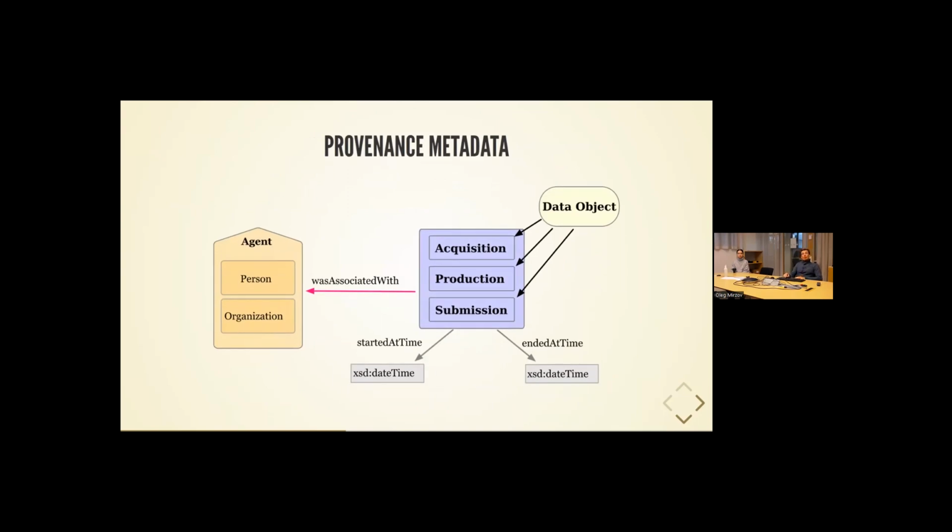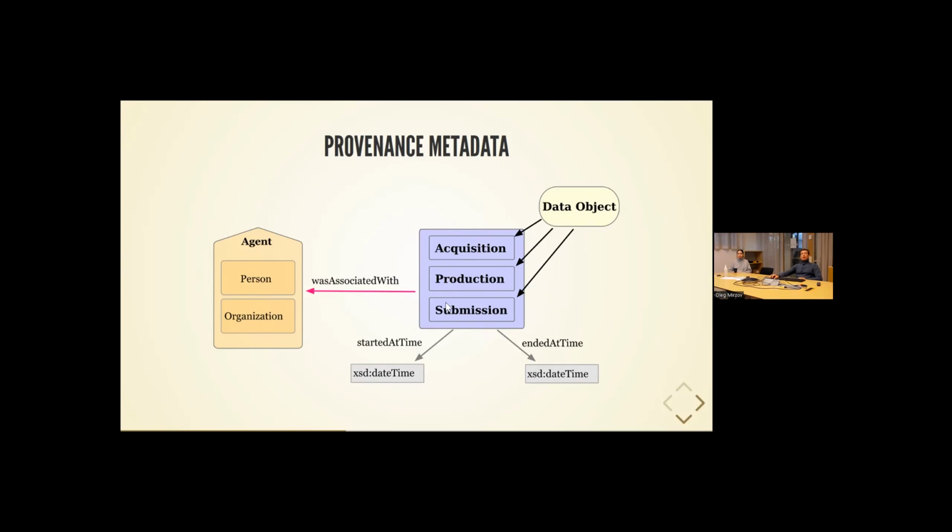Then provenance, which was mentioned before. The design of this metadata model is inspired by the so-called PROV-O ontology, which is a standard. We pretty much follow the design and even reuse the concepts or inherit from them. So it looks like this. We recognize three kinds. This is something called activity, I think, if I remember right.